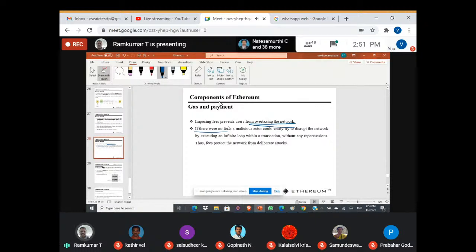Generally a malicious user will try lakhs of times before he can crack it. So if there is a fee, they are automatically unable to do that. To prevent DDoS attacks, distributed denial of service attacks, we use the fees concept, and the majority of networks have it.